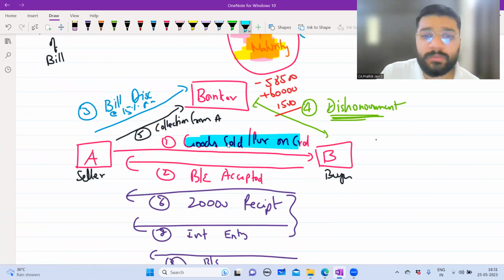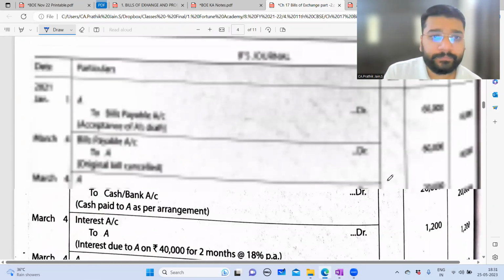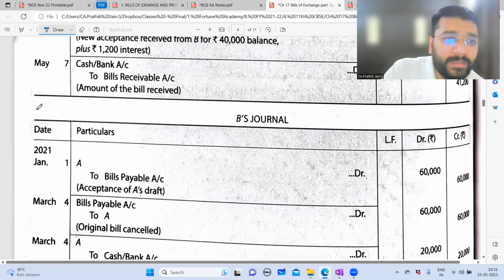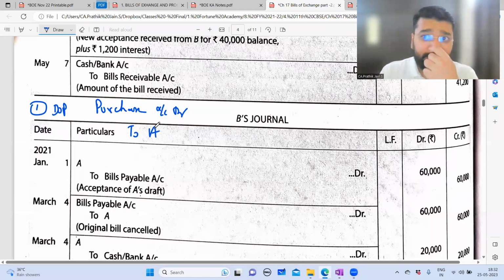Goods purchased, what is the purchase entry? The first entry on the date of purchase will be purchase account debit to A. Since this is not asked, we are not doing it. This only we're doing for knowledge purpose.